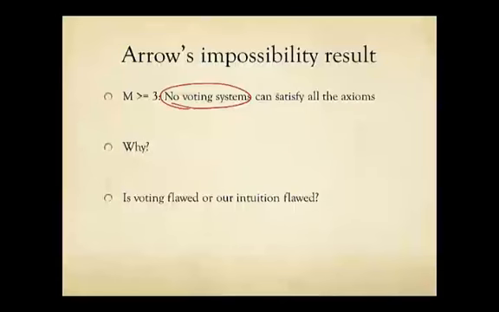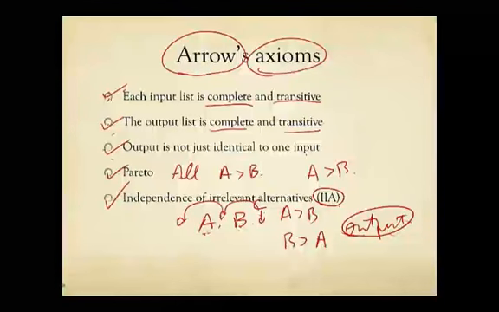No voting system can satisfy all 5 axioms as soon as there are 3 or more candidates. If there are only 2 candidates, life is easy, because comparing scalars on a real line is fully ordered. This is the famous Arrow's impossibility result, which says it doesn't matter how many voters there are. If there are 3 or more candidates, then no voting system can satisfy all 5 axioms that we just believed to be reasonable.